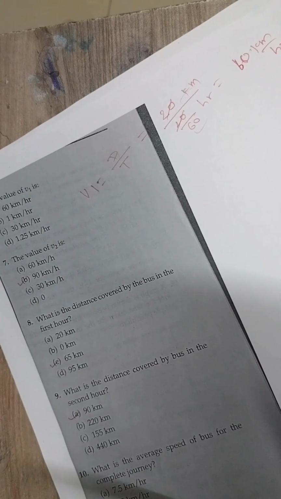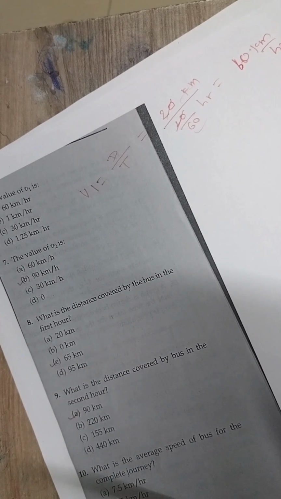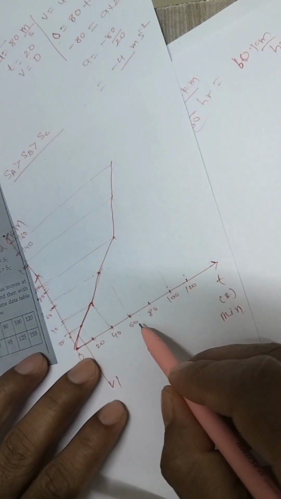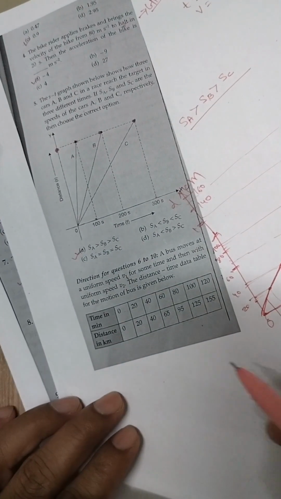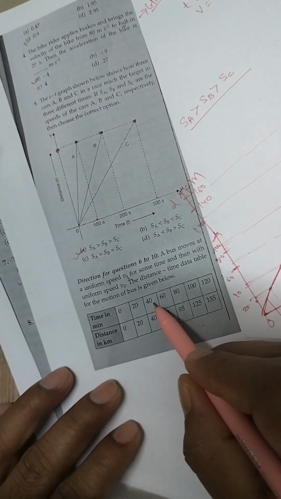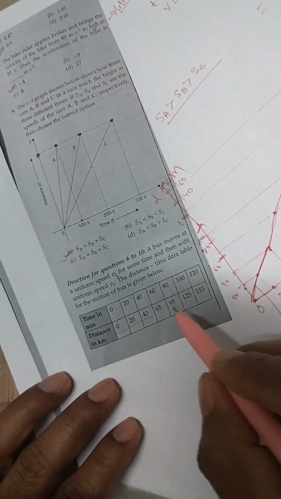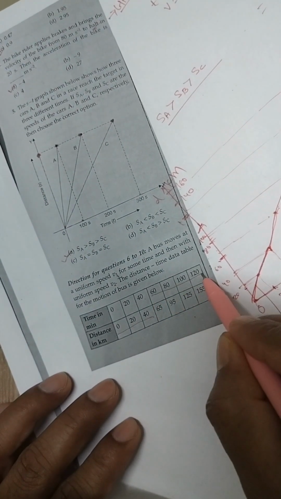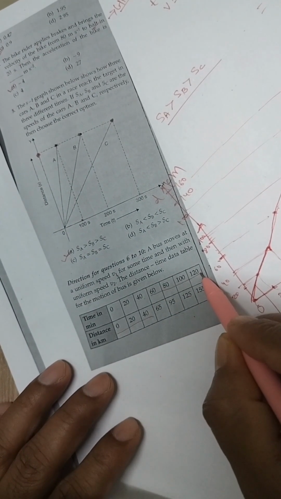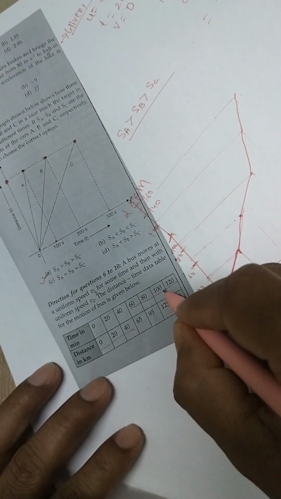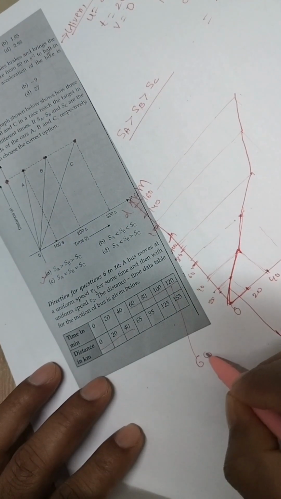7. The value of v2 is, again with the same trick you can see, up to 40 minutes in the table it was moving with uniform speed. From 60 to 120, time taken is 60 minutes.